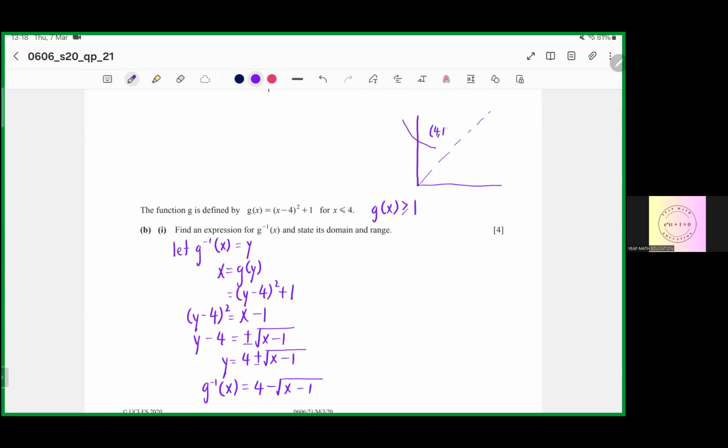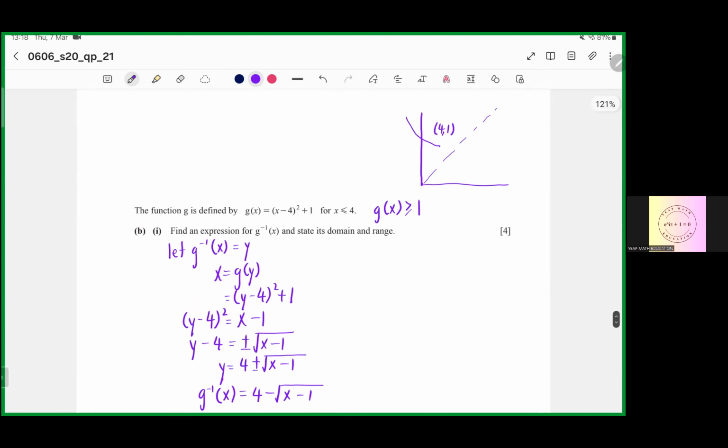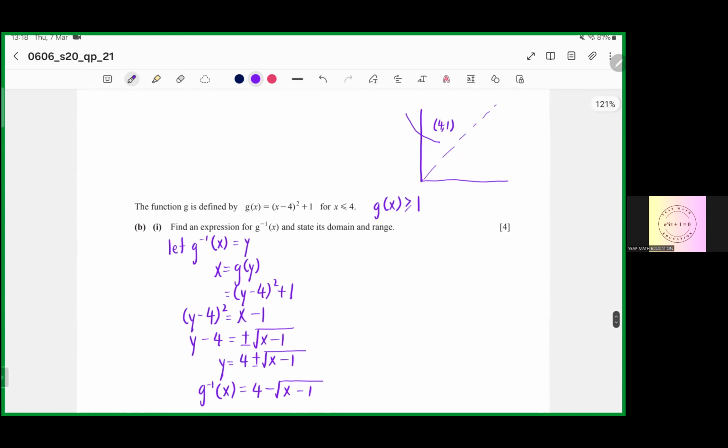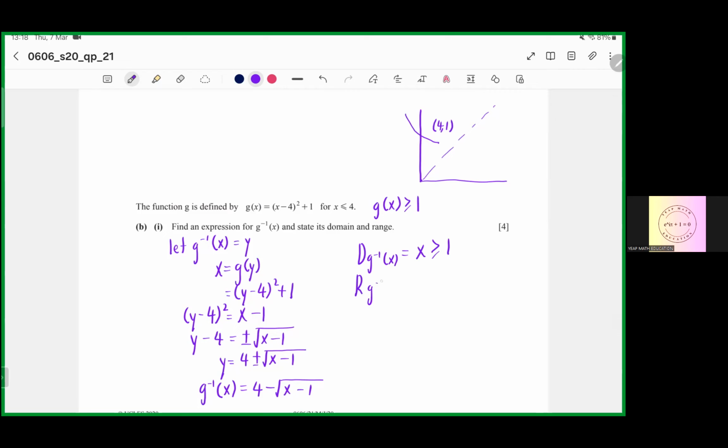Okay, 4 and 1. Now I look at the domain: x should be more than 1, and the range equals g(x) less than 4. So I just sketch.